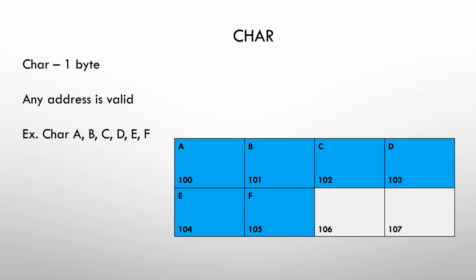A could be stored in address 100, which is 1 byte, B in 101, 1 byte, C in 102, also 1 byte, and so on for the rest of them. We don't need addresses 106 and 107 because we only have 6 chars and each char is only 1 byte. It can be used anywhere inside the memory.